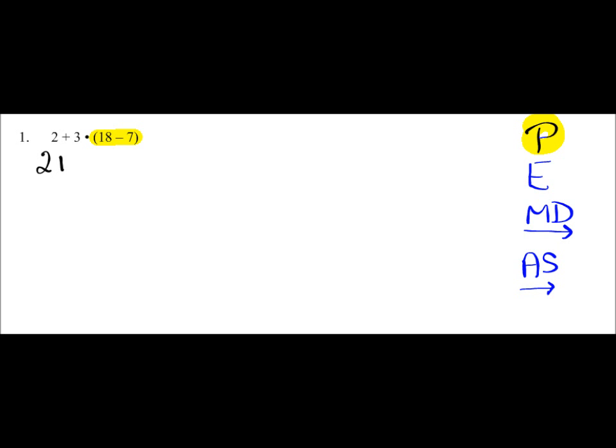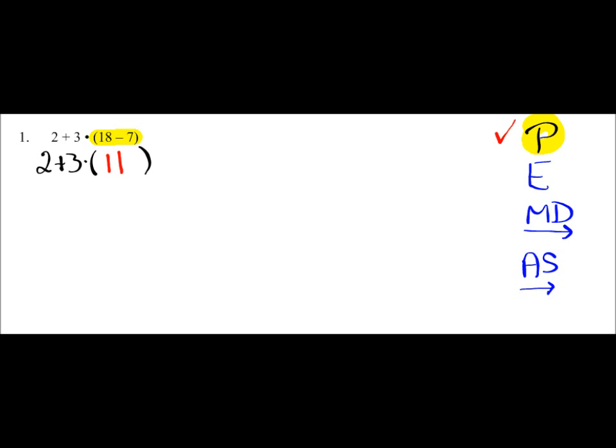I'm not using the 2 yet, I'm not using the 3 yet. I'm just dealing with what's inside these parentheses. 18 minus 7. And 18 minus 7 is 11. And so I've just completed the first step of my recipe. I completed everything in the parentheses.